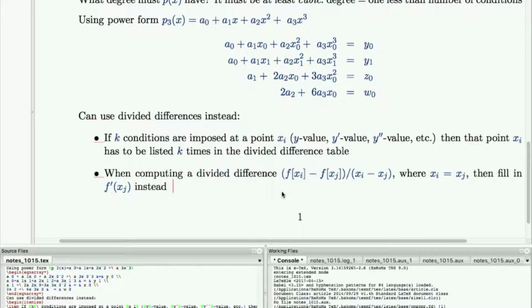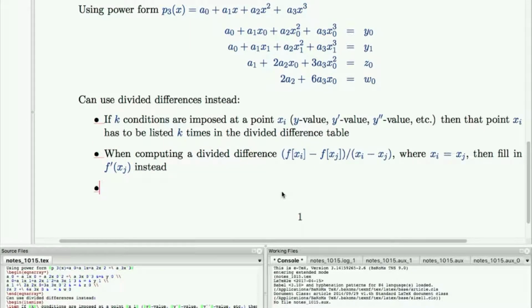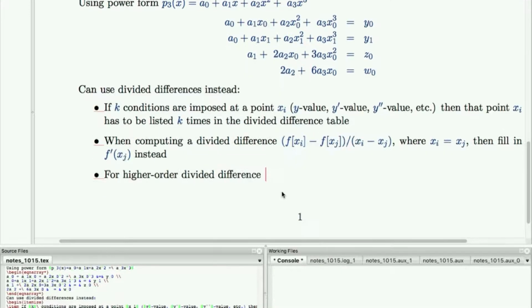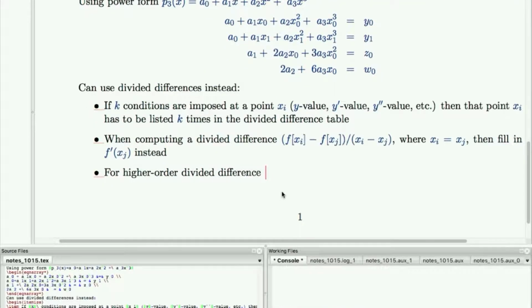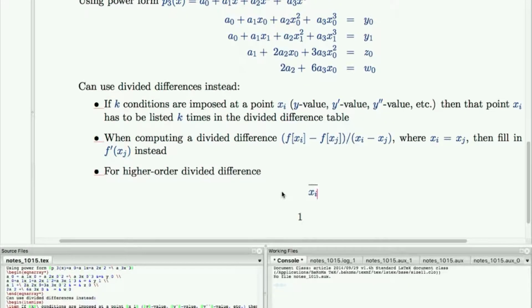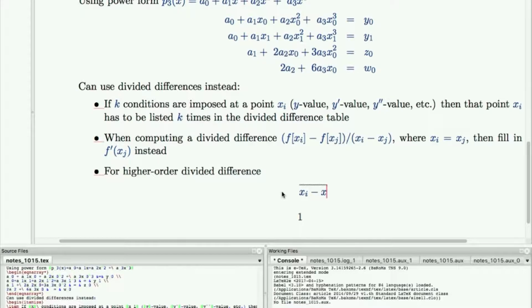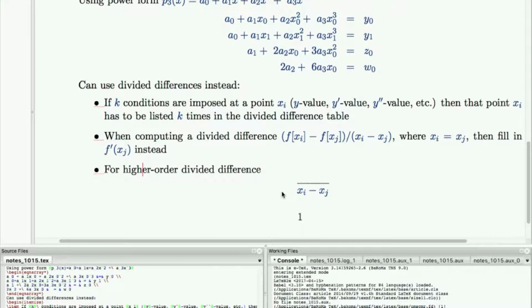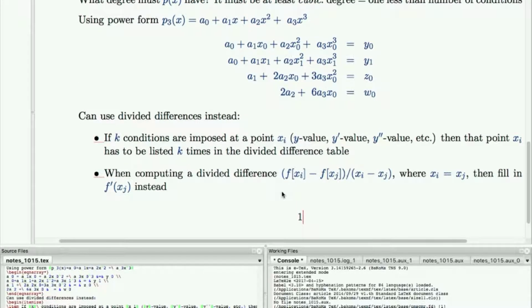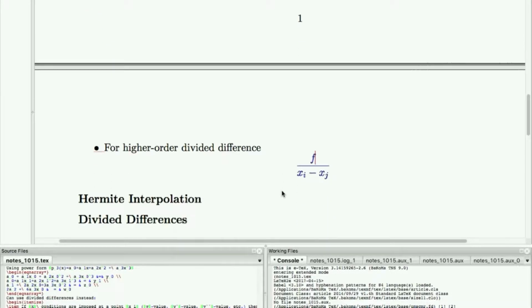Okay. Now, one more point to make is for a higher order divided difference of this form, where I have xi minus xj in the denominator.